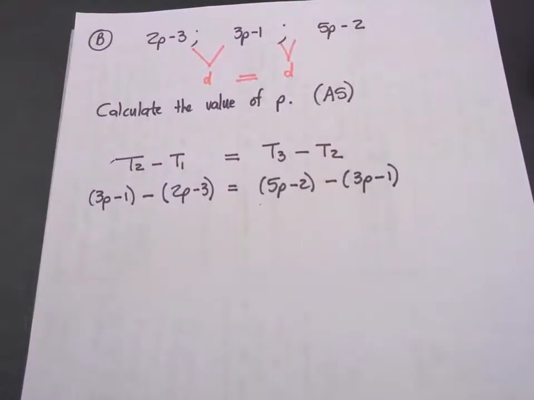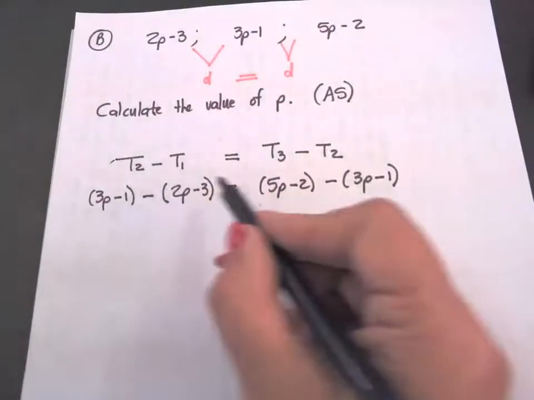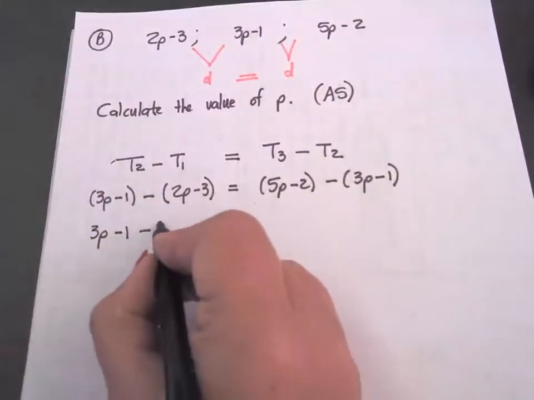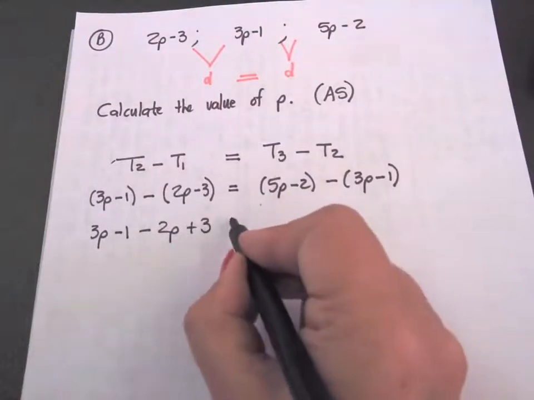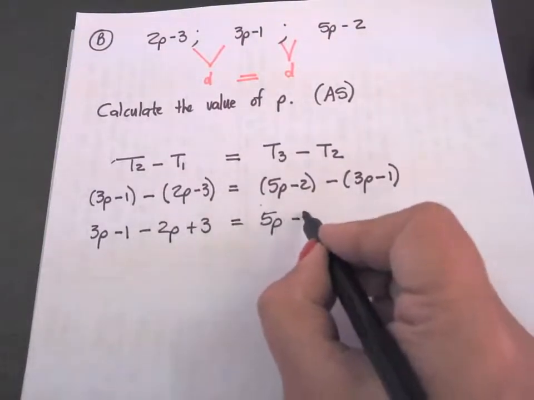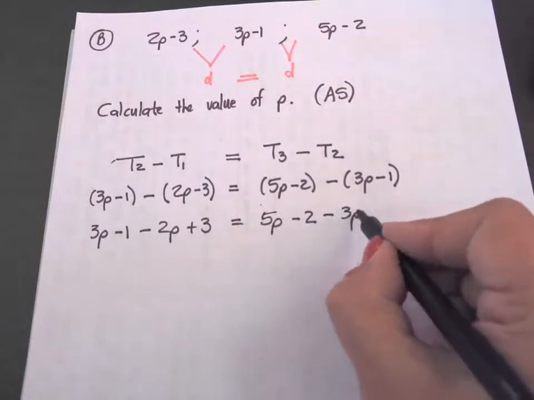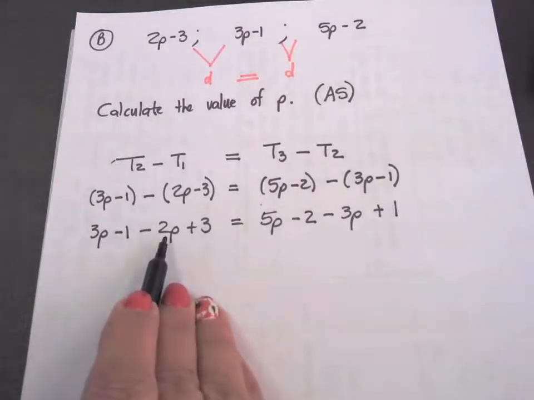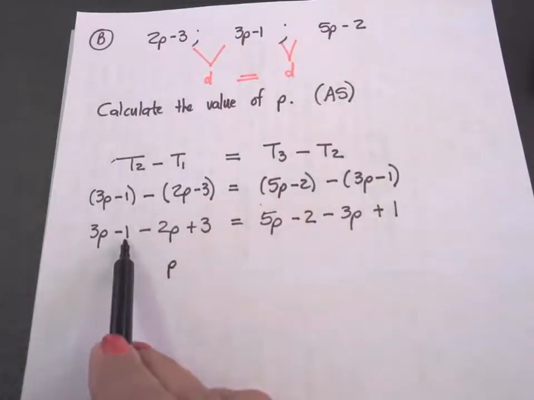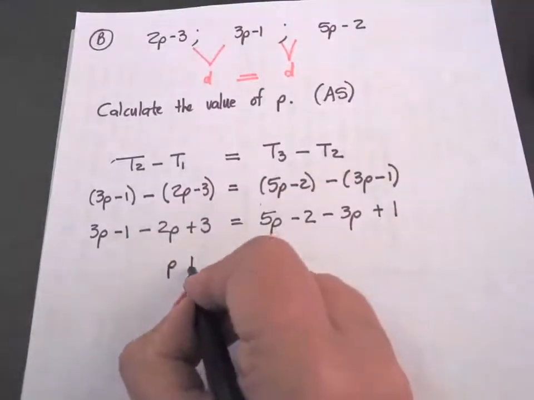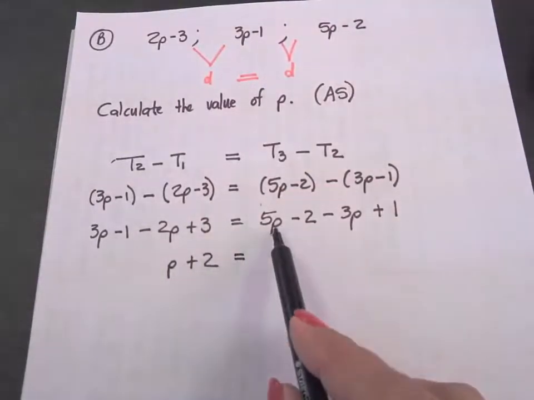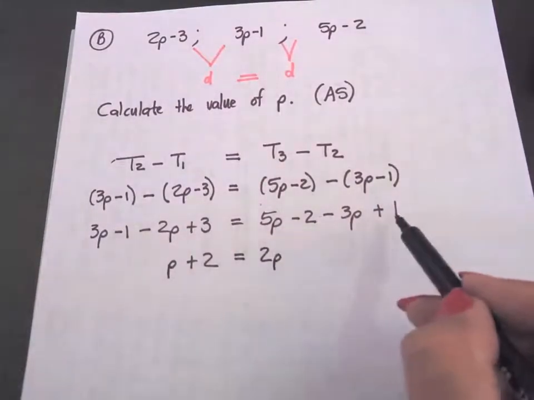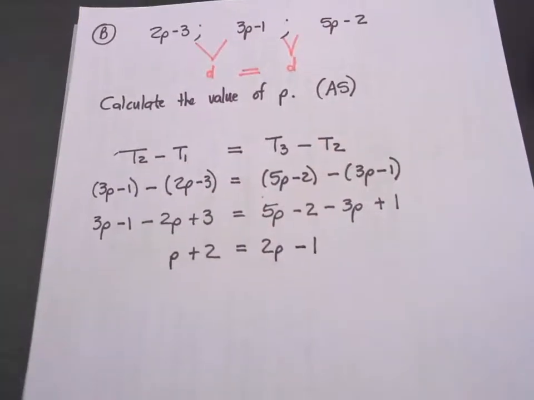Now I have to get rid of the brackets, so I have to multiply the minus in and the minus in. 3p minus 1 minus 2p plus 3 will be equal to 5p minus 2 minus 3p plus 1. 3p minus 2p gives me 1p. Minus 1 plus 3 gives me plus 2. 5p minus 3p is 2p. Minus 2 plus 1 is minus 1.